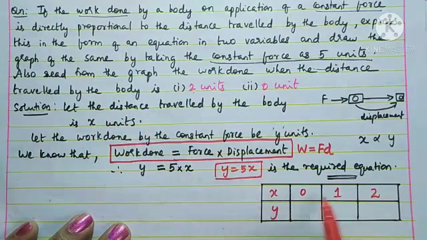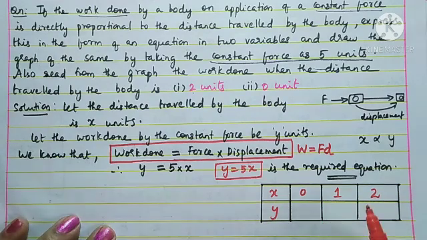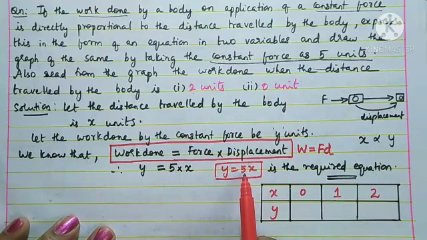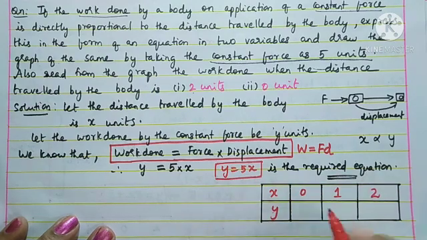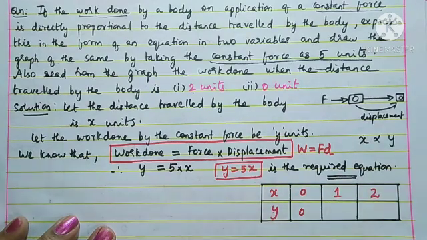So I am taking only the positive numbers. And let us find y. How to find y when x is 0? Here it is very easy. 5x is the value of y. So when x is 0, what is y? 5 into 0, correct? For x you want to put 0. So 5 into 0 is 0. Understand? So 0, 0 is one coordinate.